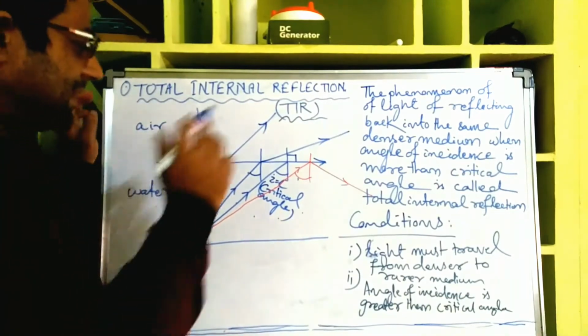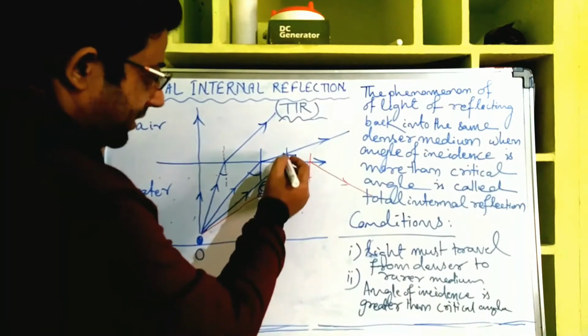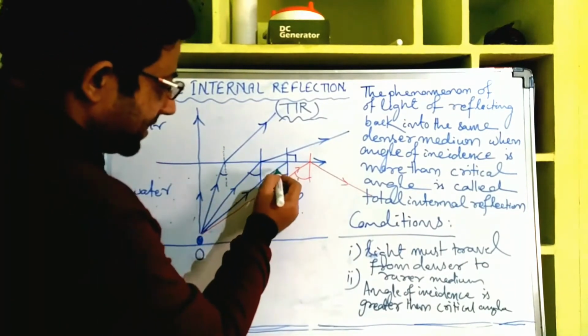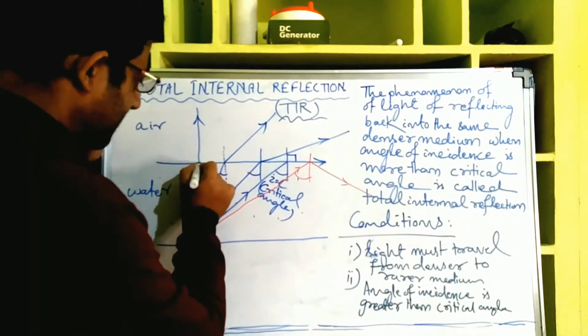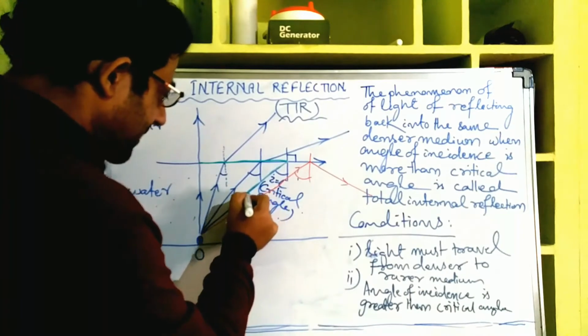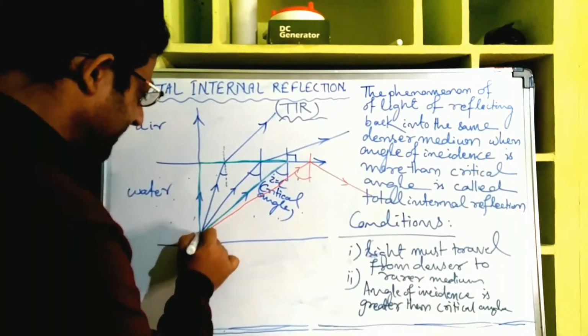Now let us understand it a little mathematically. When the angle of incidence becomes the critical angle, at that particular instant we consider the triangle where the angle of incidence is equal to the critical angle.